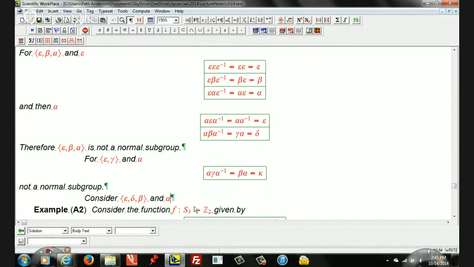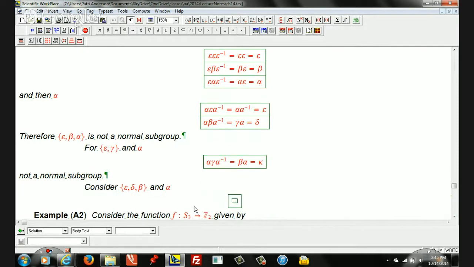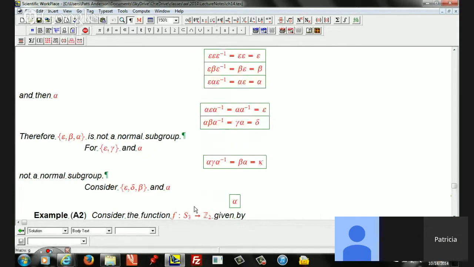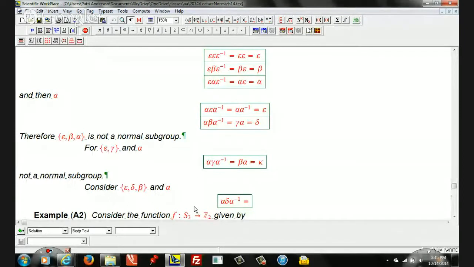We're going to have alpha. So what is alpha delta? I get kappa. And alpha inverse was alpha, so what is kappa alpha? Beta. So that one worked.